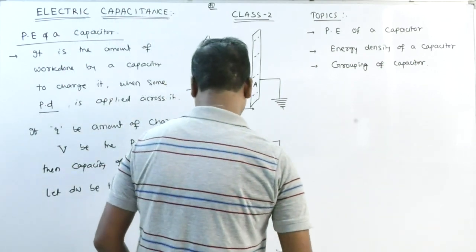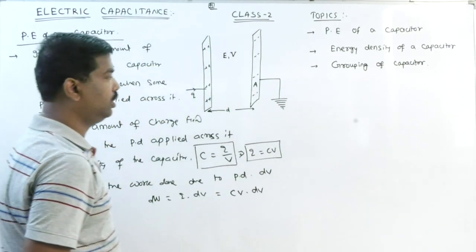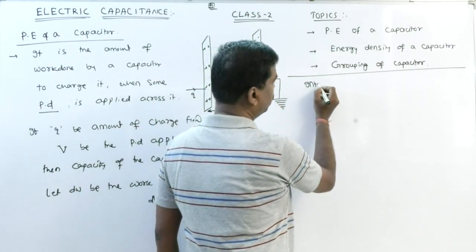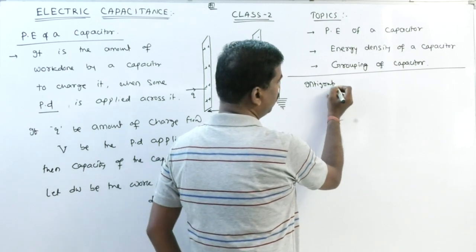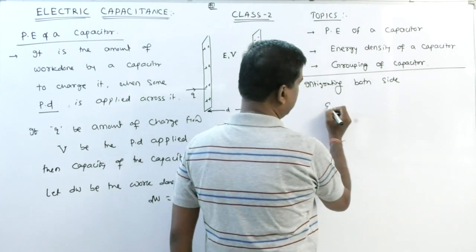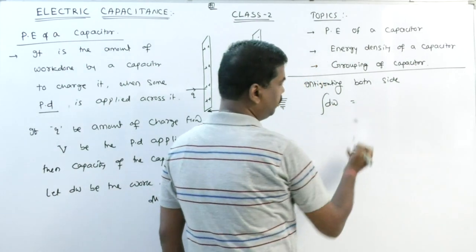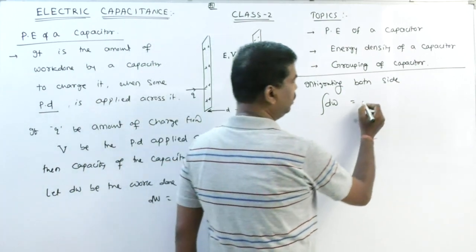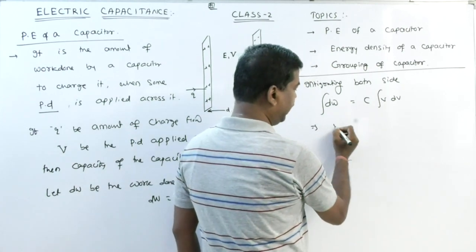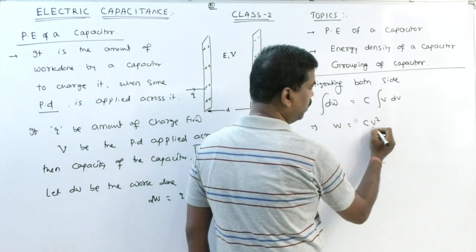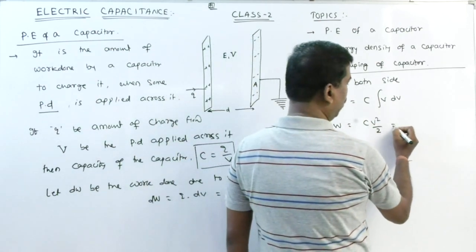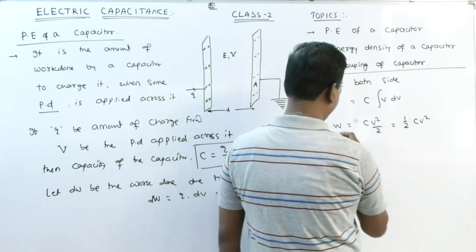Hence, that is dW is equal to that much. Integrating both sides, dW is integral of CV dV, or I can write W is equal to half CV square.